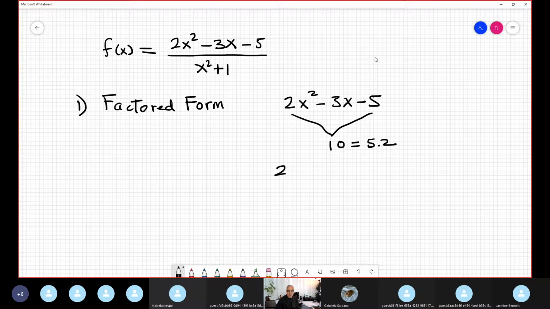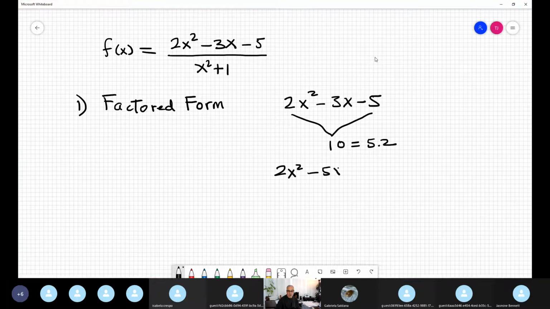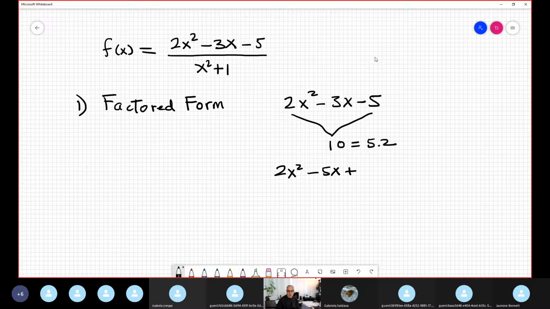Then you copy 2x squared minus 5x plus 2x minus 5. This expression is equivalent because the only thing I did was separate the negative 3 into negative 5 and positive 2. Now we are ready to factor by grouping this couple and this couple.